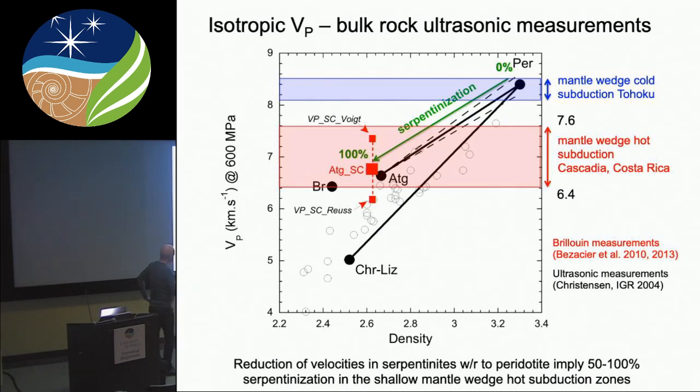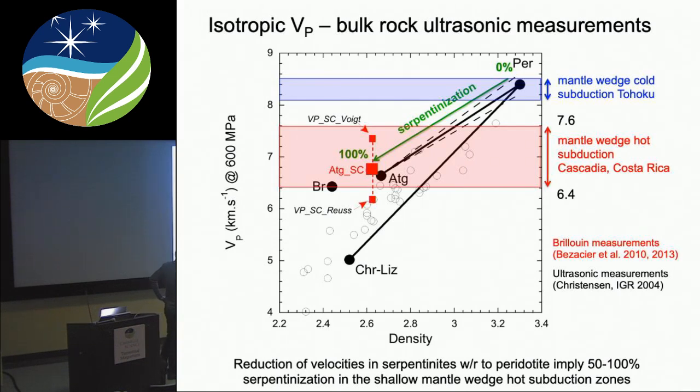Actually, we don't really need that axis. It's just a way to plot the data. And we have here the kind of values we expect for fresh peridotite that is not hydrated, so high velocities and high densities. And this is what we get from our result for this antigorite serpentine. And we have much lower velocities and much lower densities.